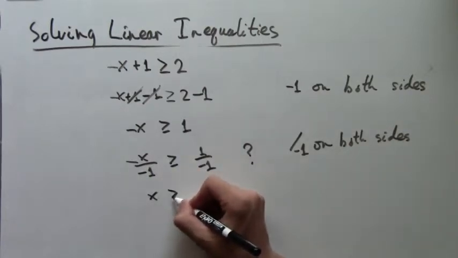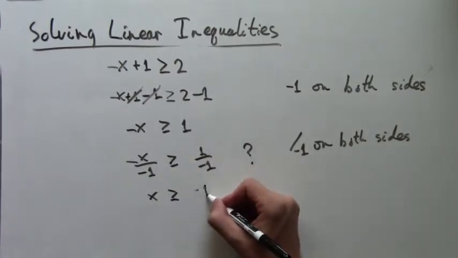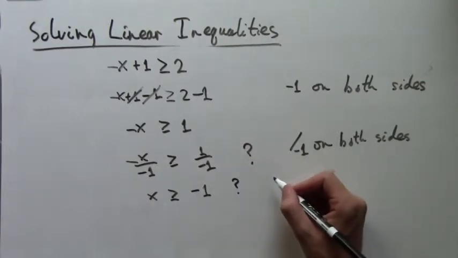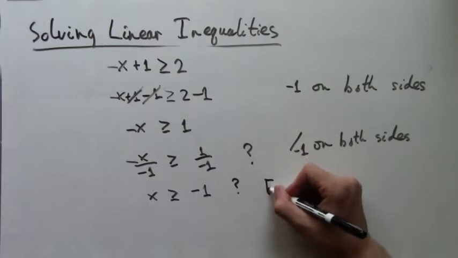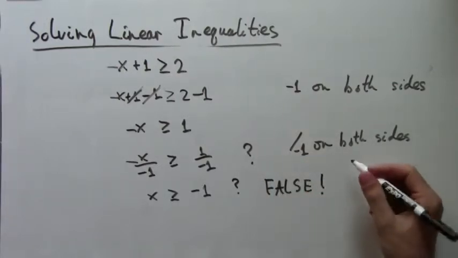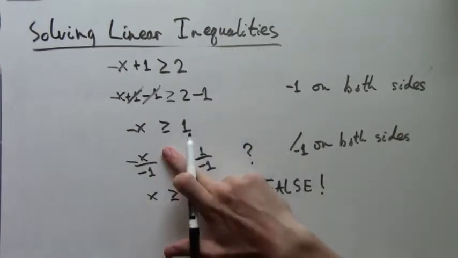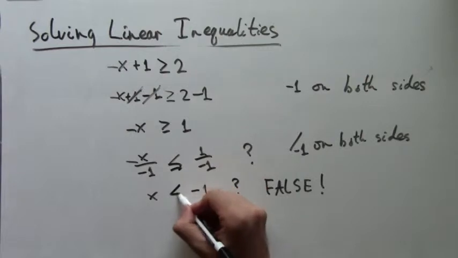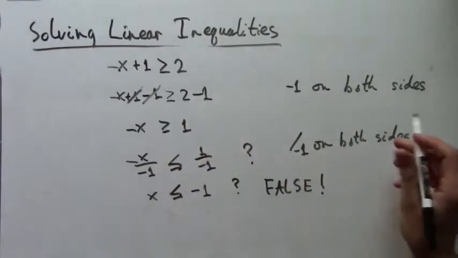And this would then tell us that x is greater than or equal to -1. Well, actually, this is false. There's a rule, and this is the difference between inequalities and equations. This rule states that when you multiply or divide by a negative number, you have to flip the inequality.